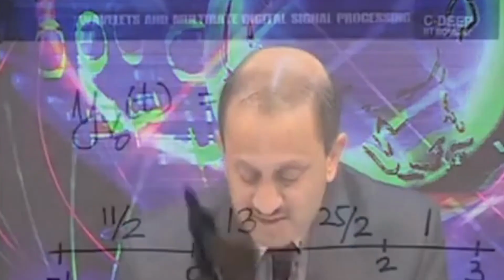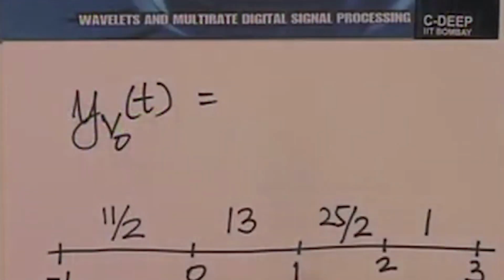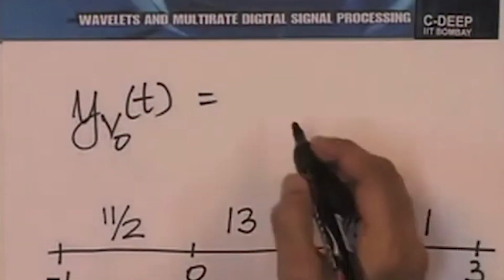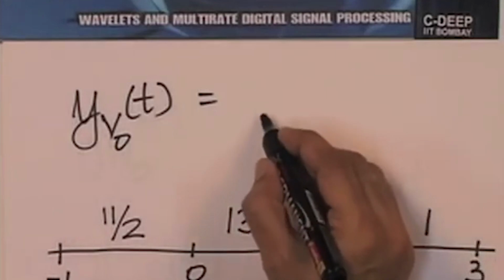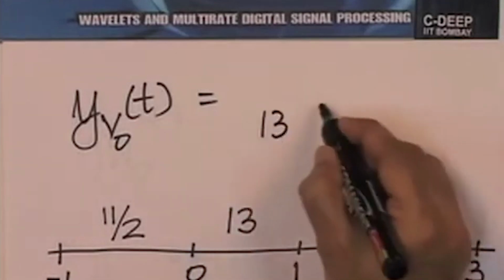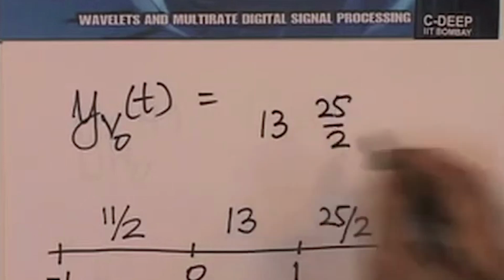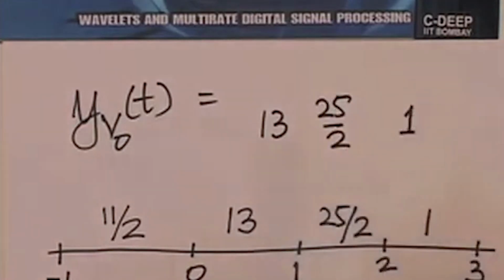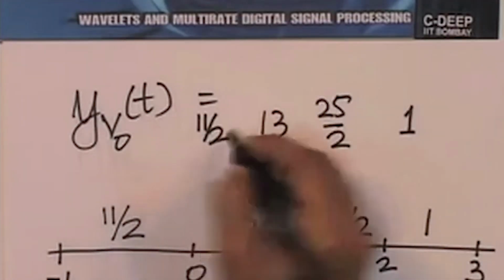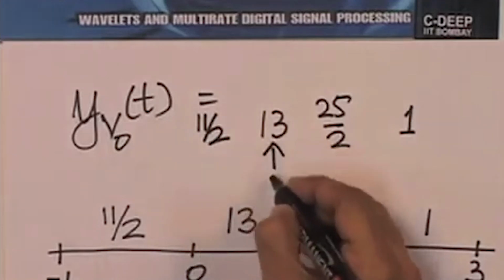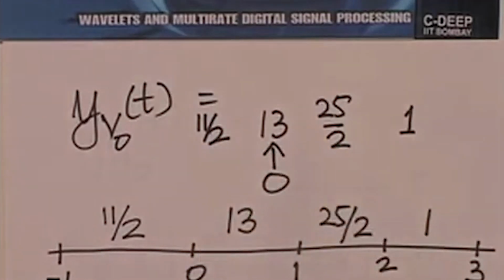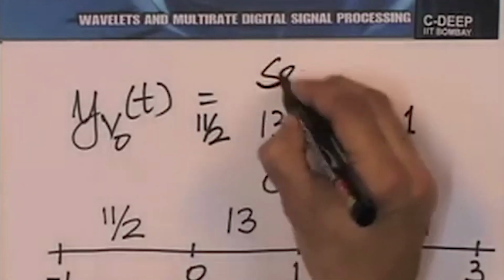So, let us go back to this function, the projection on V0. How would the sequence here look? The sequence would be this: 13, 25/2, 1, 11/2, 13 marked at 0. This is the sequence.